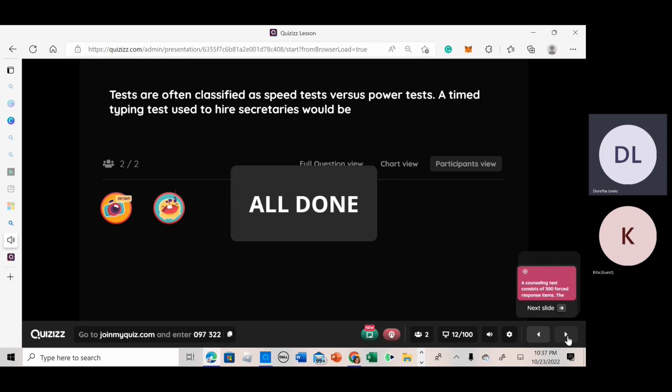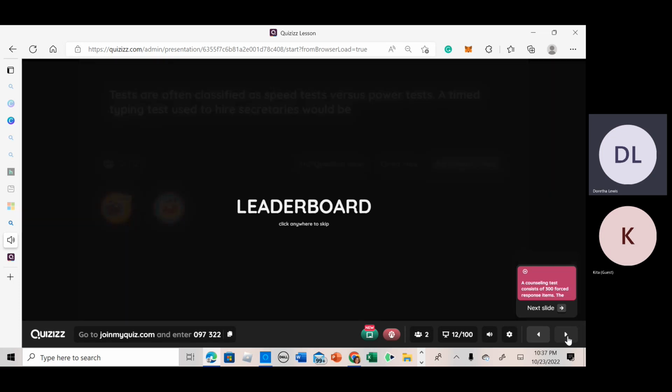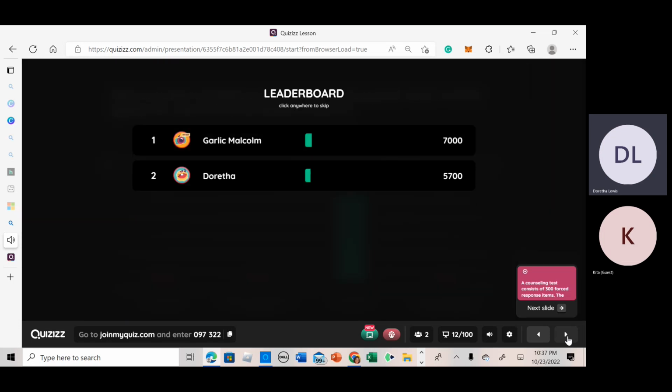Tests are often classified as speed tests versus power tests. A timed typing test used to hire secretaries will be, correct answer C, a speed test.